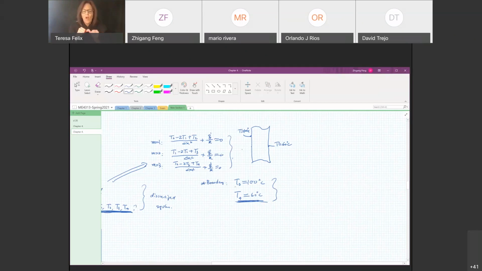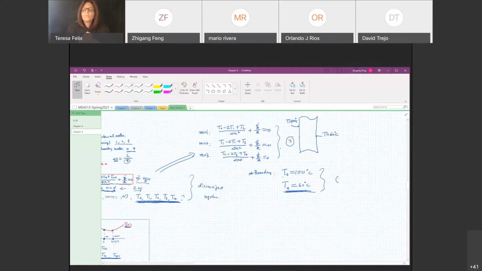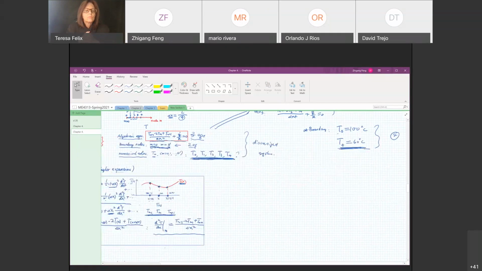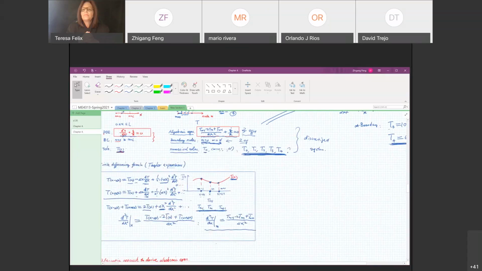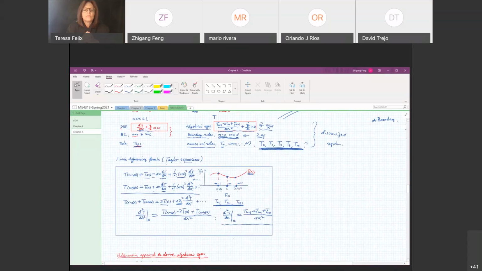So in general, we will have 3 equations for the internal node, 2 equations for the boundary node, and combining those equations, we will be able to solve the temperature at all the node points. Okay. So that's the first approach to derive the algebra equation, and this approach is based on the Taylor expansion.